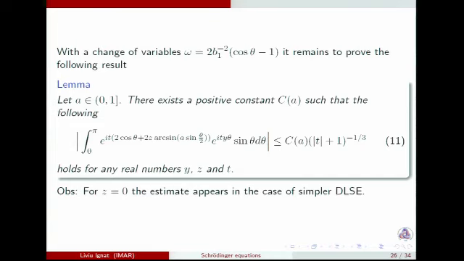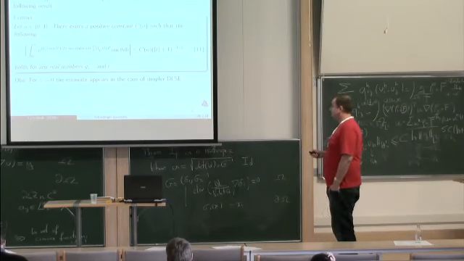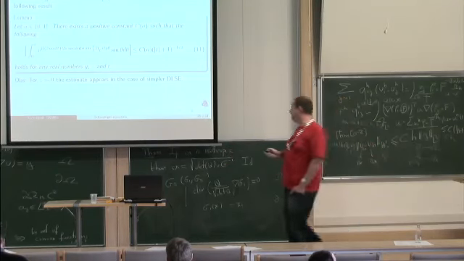After a change of variable, in principle, you have to prove this kind of result, where you have a phase function which contains this crazy term, which is arcsine of a sine of something. And you have to use software to make formal derivations and to manage your second derivative and third derivative, to sum them, because by hand I wasn't able to do it.